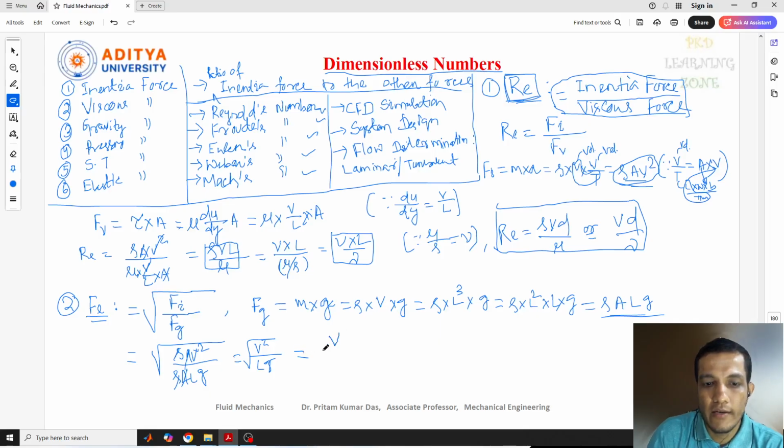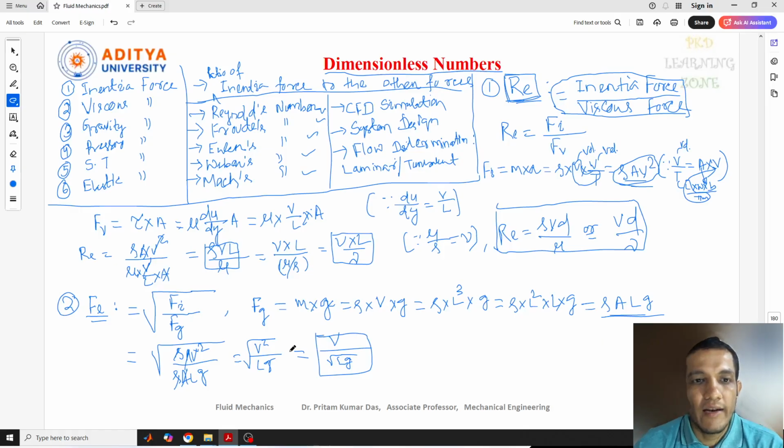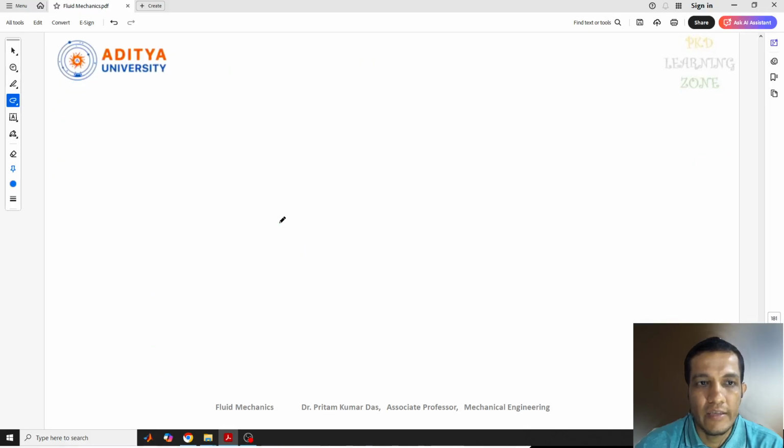Removing the root, we get V by root over L g. So this is the Froude number formula. Similarly, the remaining ones can be calculated. All are very simple actually.